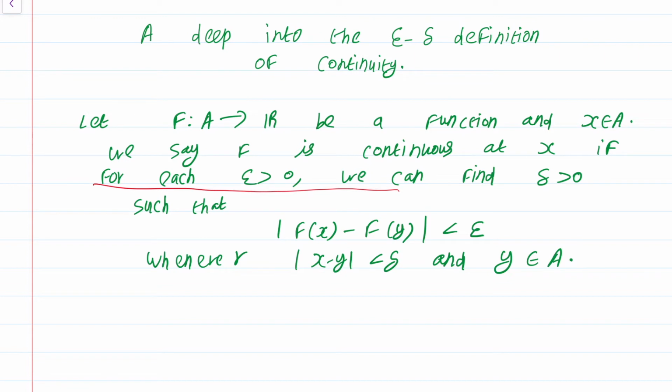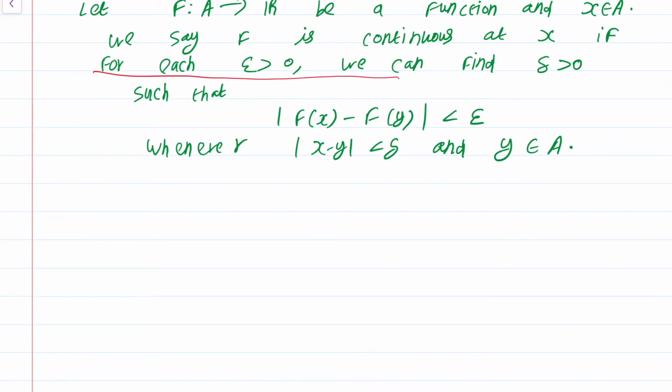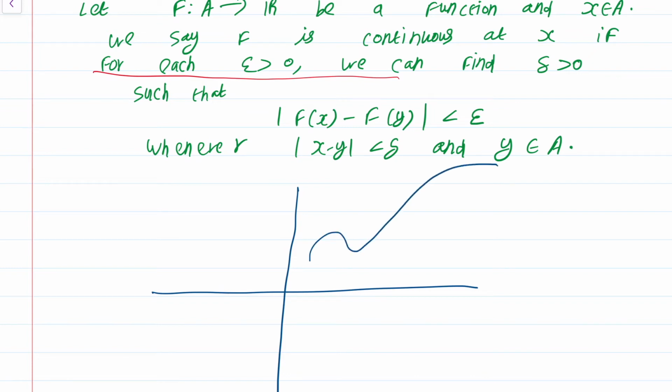So let's draw a picture. I have the xy axis and I draw a function. Now, the key thing is we want to capture what is the meaning of when x is close to a particular point, then f of x is also close.